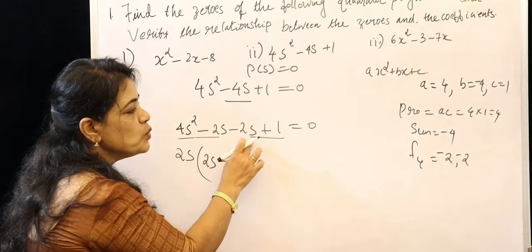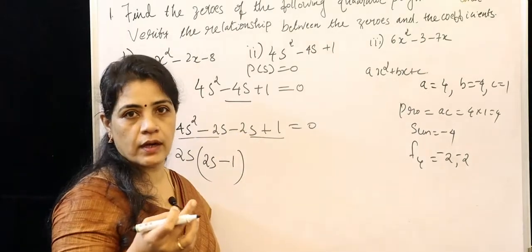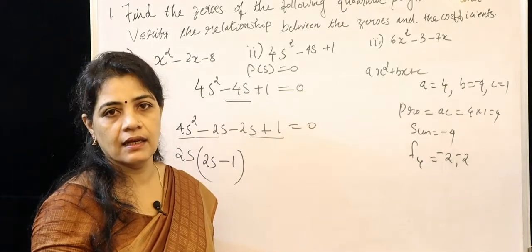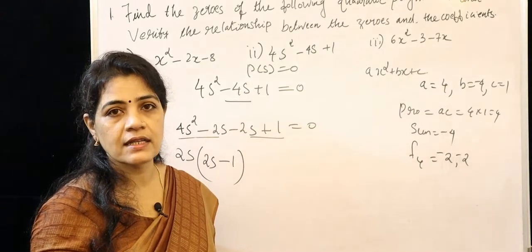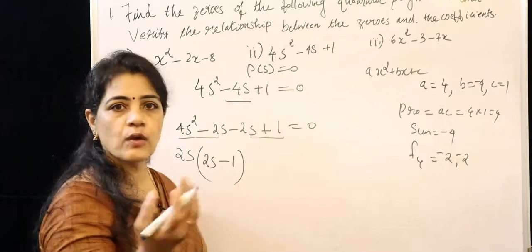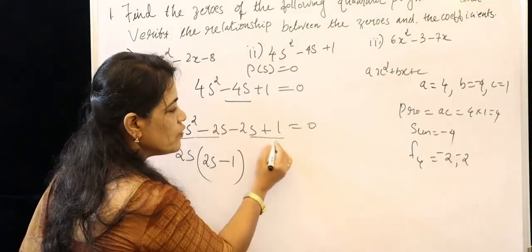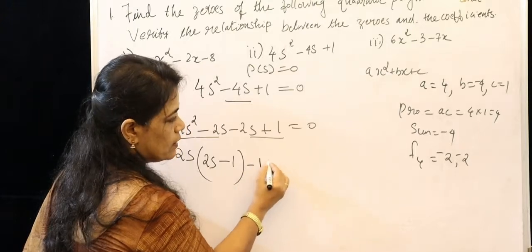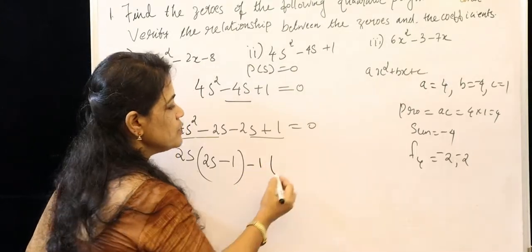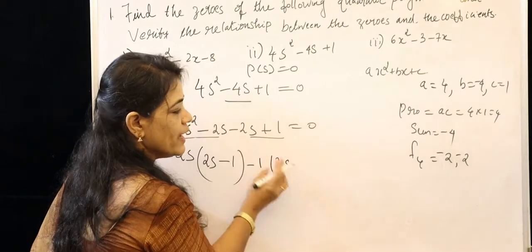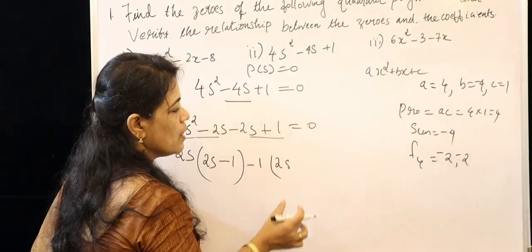See children, in this 2s plus 1, can we take anything common? Nothing is common other than the sign, or 1 you can take as common, because 2 can be written as 1 into 2, and 1 also as 1 into 1. If I am taking 1 from these, minus 1, so 2s multiplied by minus 1 into 2, when you expand you should get these two terms.